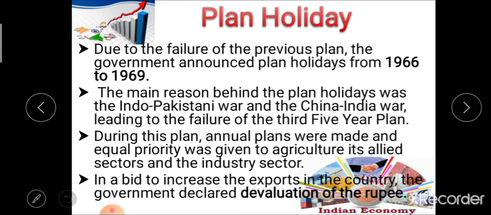During this period annual plans were made, and equal priority was given to agriculture and its allied sector and the industrial sector. In a bid to increase exports, the government declared devaluation of the rupee. This is the plan holiday.